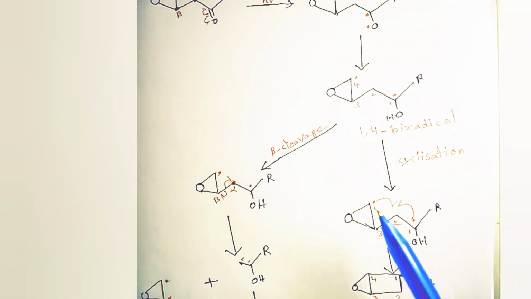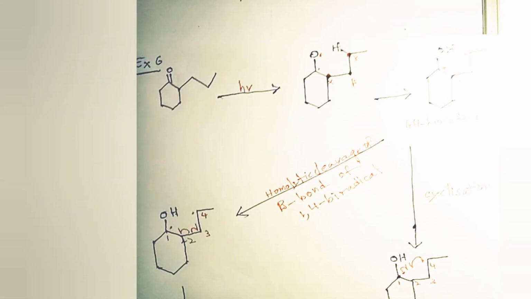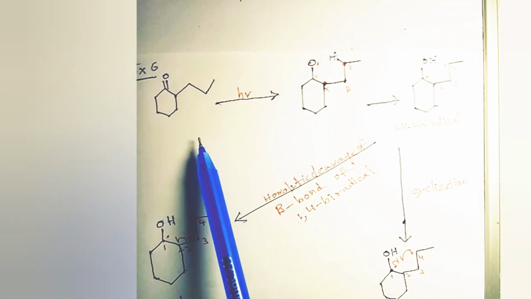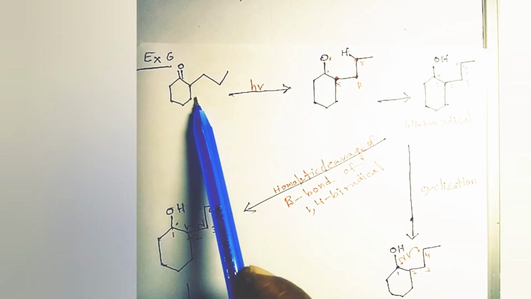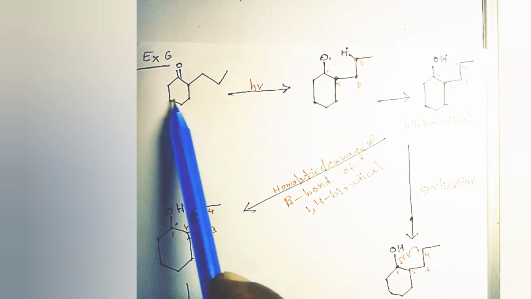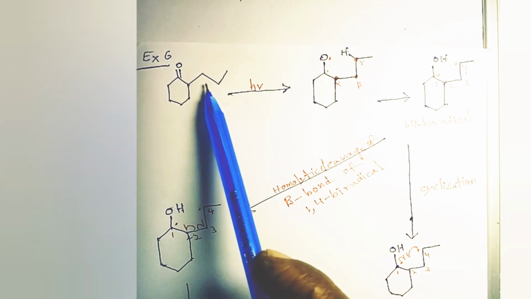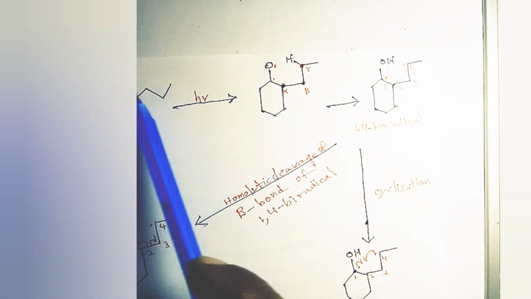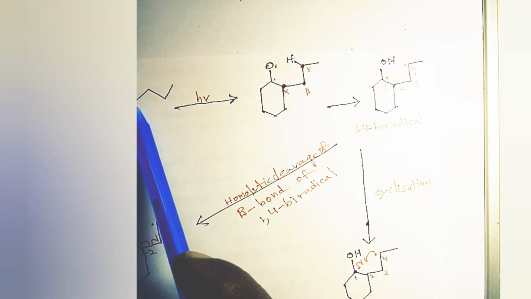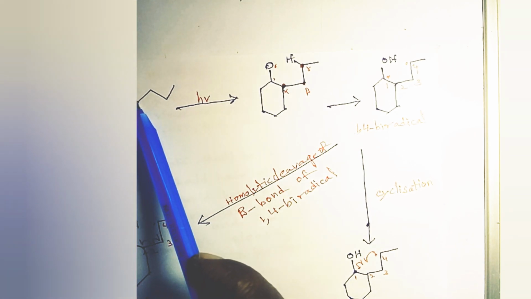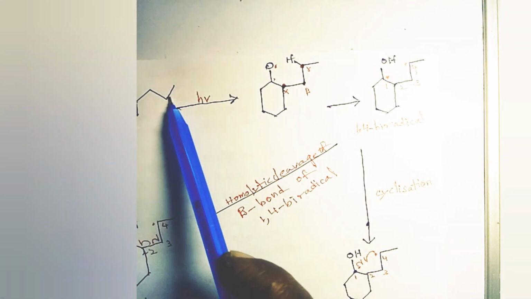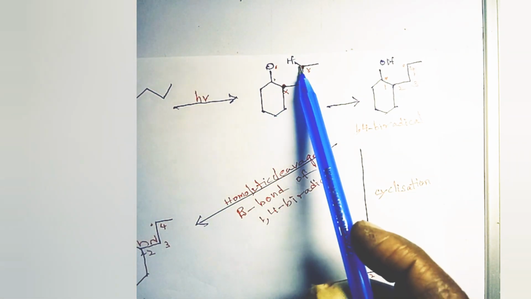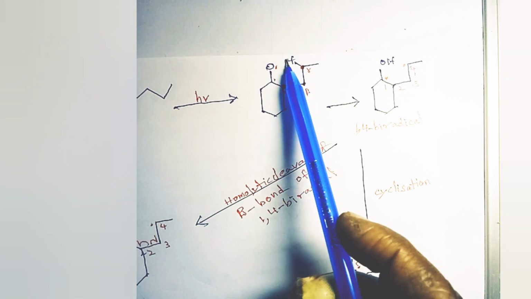Now let us see another example. This is a cyclic carbonyl compound, cyclohexanone, with a side chain. This is the cyclic hexanone. This is alpha carbon, this is beta carbon, this is gamma carbon. We can write it like this: alpha, beta, gamma. Gamma carbon has a hydrogen atom.